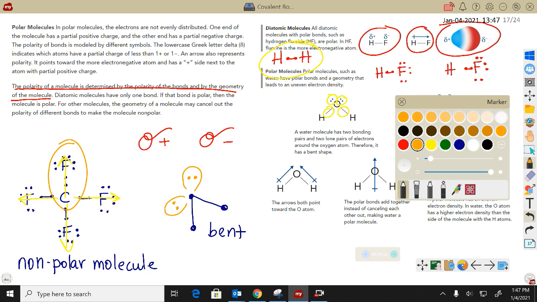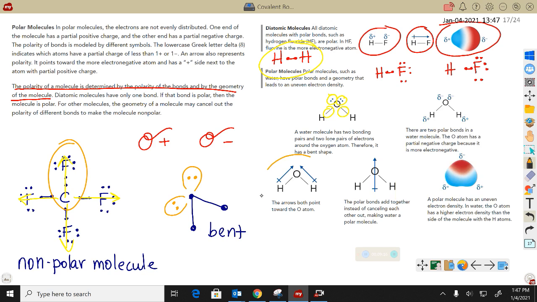Oxygen definitely has a higher electronegativity than hydrogen, which is what they're trying to show here: the electrons shared in the bond between oxygen and hydrogen are not shared equally. It will be a polar bond. The bond between hydrogen and oxygen is polar, with the electrons being pulled toward the oxygen. It has the higher electronegativity.